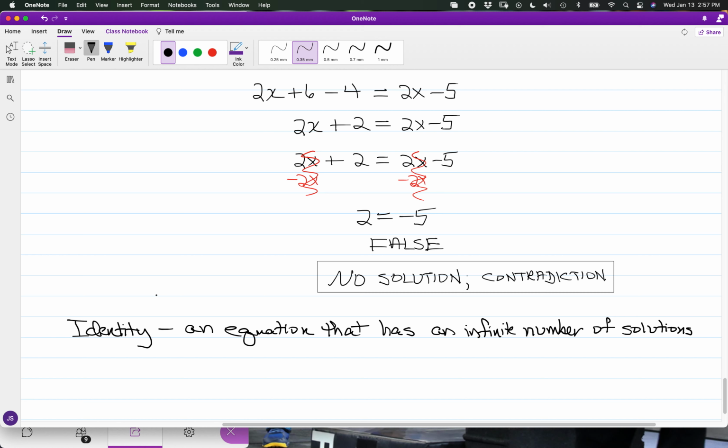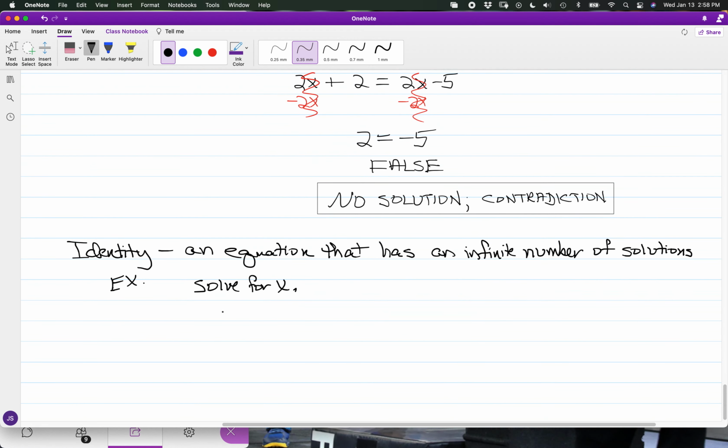And we'll say that we have, for instance, something that can lead up to an identity. Say we're solving for x, and we have 3 times the quantity of x plus 4 is equal to x plus 6 plus 2 times the quantity of x plus 3.